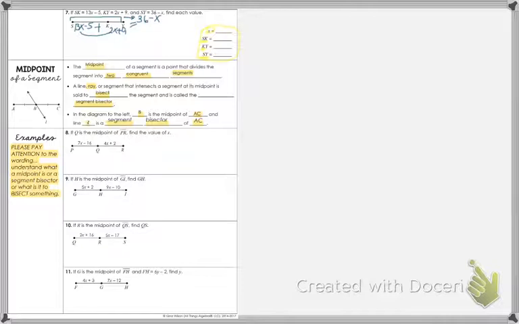So let's rewrite that as a problem. 13x minus 5 plus 2x plus 9 equals 36 minus x. Let's do it over here, because I have more room to write.